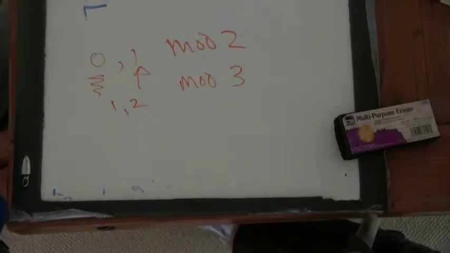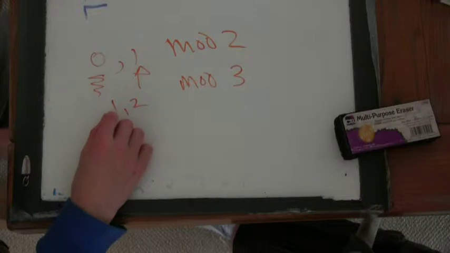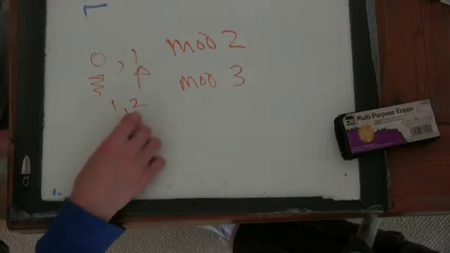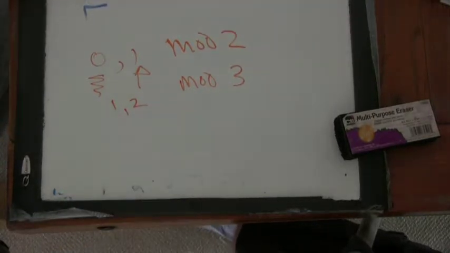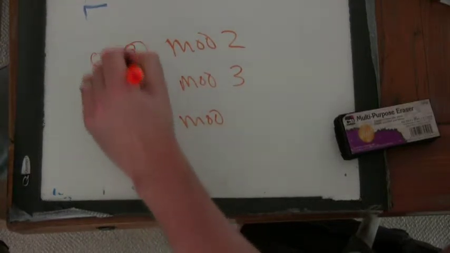Well, you only have a couple of choices for squaring numbers. If you square 1, you get 1. If you square 2, you get 1. So there's no way to get 2 with the square. Okay, very good. So again, it's only 1.